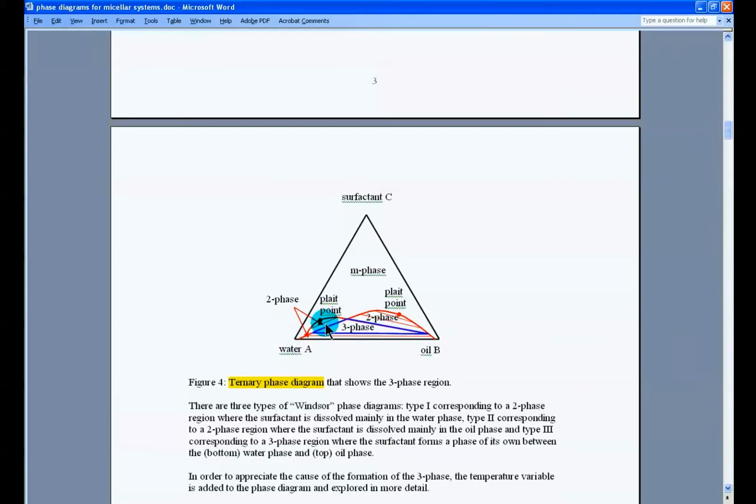So sometimes when the interactions of the surfactant are very strong, it's either strongly hydrophobic or strongly hydrophilic, we can get a 3 phase region, which is the overlap of the 2 phase regions.